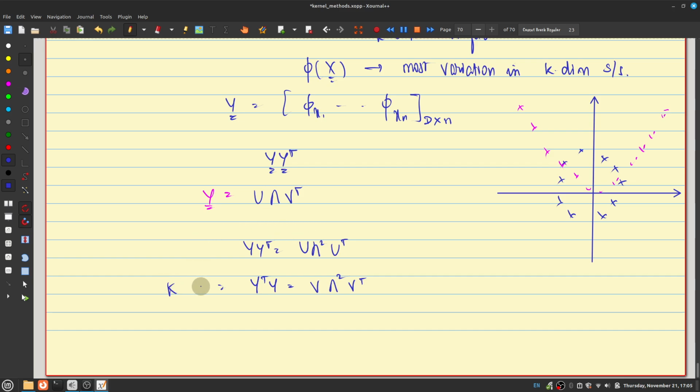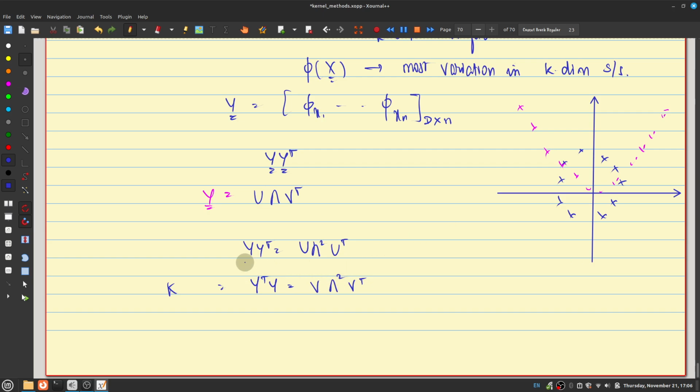Okay, so that is pretty good. Now, the eigenvectors corresponding to the k largest eigenvalues of Y Y transpose have a one-to-one mapping with the eigenvectors corresponding to the k largest eigenvalues of Y transpose Y, because both of these have the same set of non-zero eigenvalues.